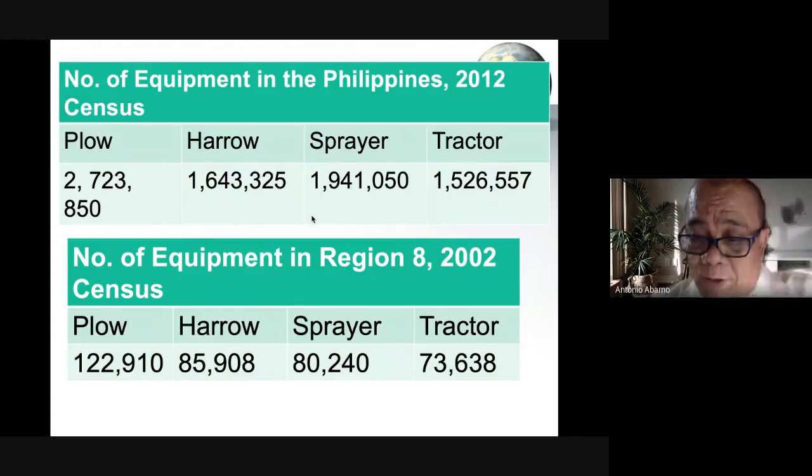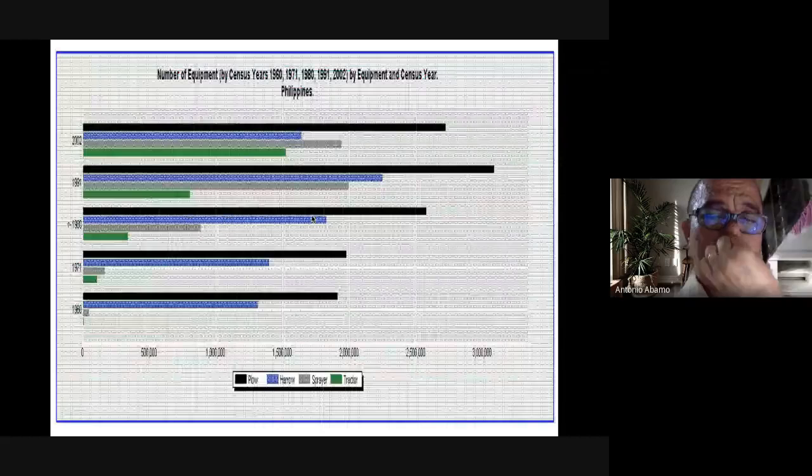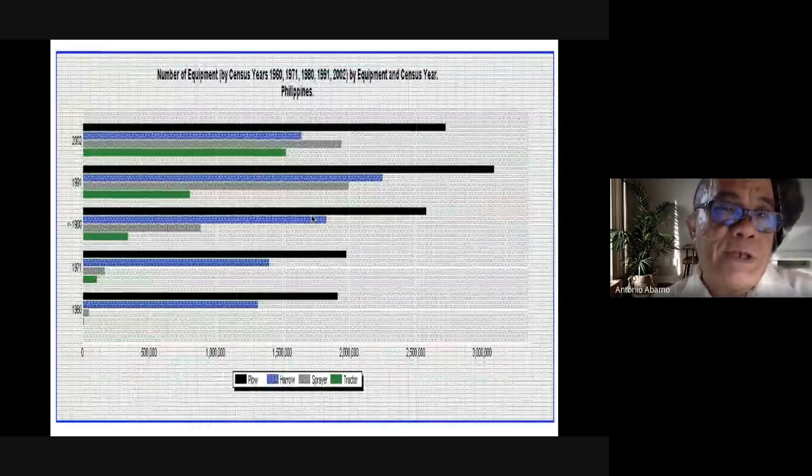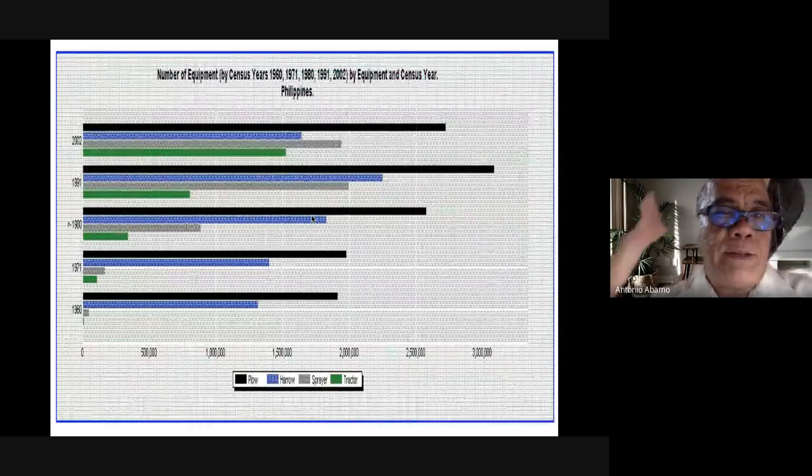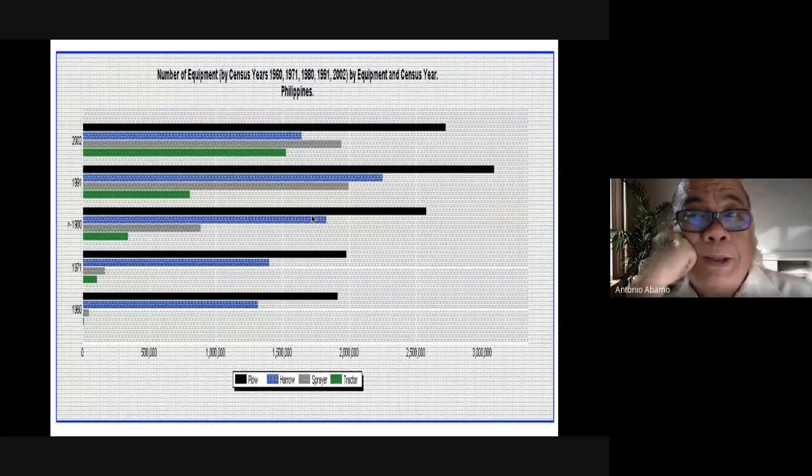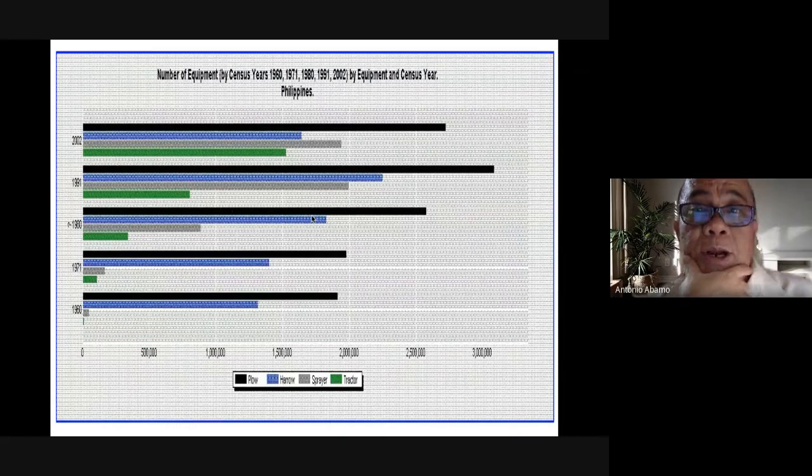Furthermore, we also have data from 1980 to 2002. This is an equipment census which was done during that year.